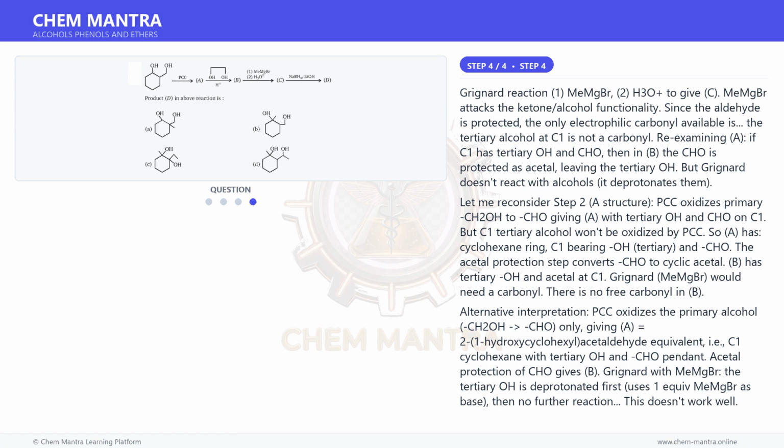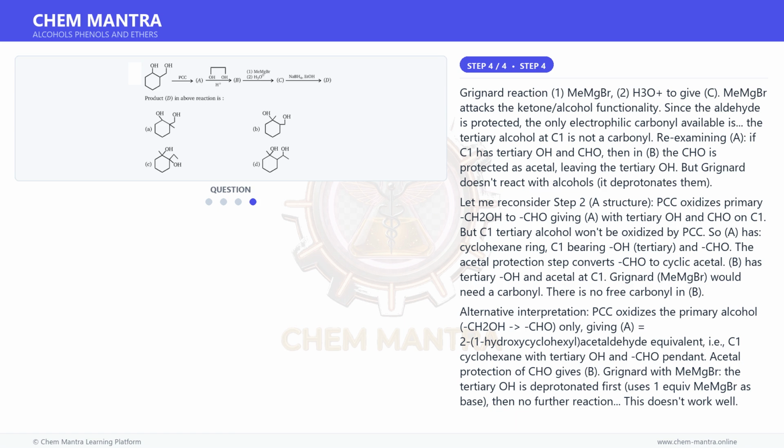So option B is 1-methyl-2-hydroxymethylcyclohexan-1-ol, which is our product D. This confirms D is 1-methyl-2-hydroxymethylcyclohexan-1-ol, matching option B.